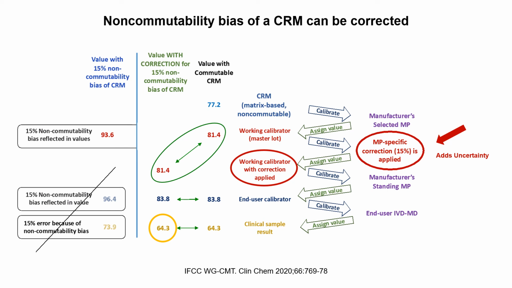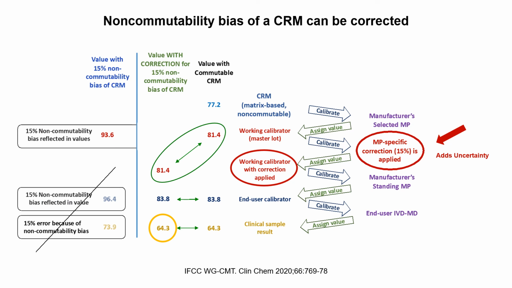And so the value assigned to the working calibrator now becomes corrected for that 15% non-commutability bias. And so it has a value in the green column where it says value with correction for 15% non-commutability bias. And now we propagate through the rest of the calibration hierarchy to produce a correct value for the clinical sample result.